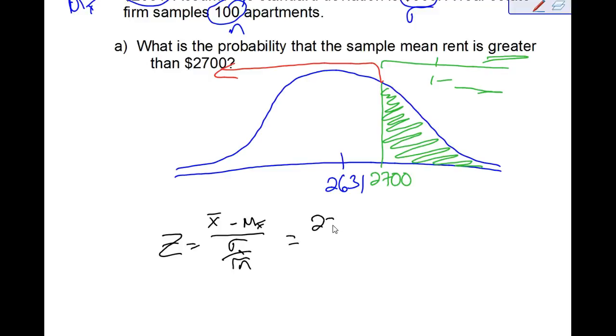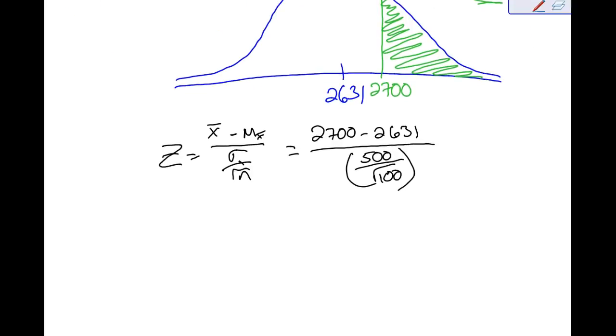So now we're still looking at 2700. Our mean was 2631, our standard deviation was 500, and we had a sample of 100. I'm going to put the denominator in parentheses so I know to do this division prior to the other division.